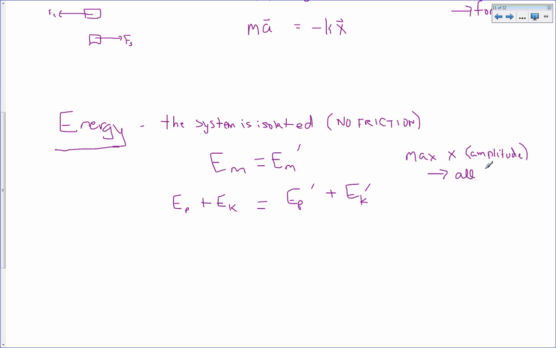All EP equals 1/2 kx squared. If it says max velocity, then that means it's all EK, which equals 1/2 mv squared.